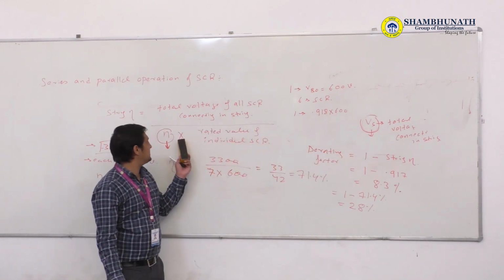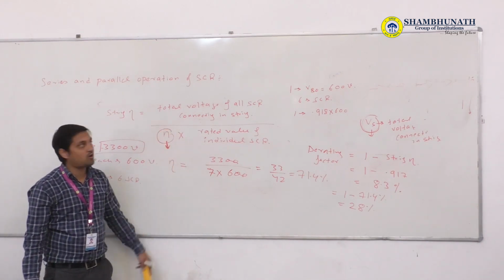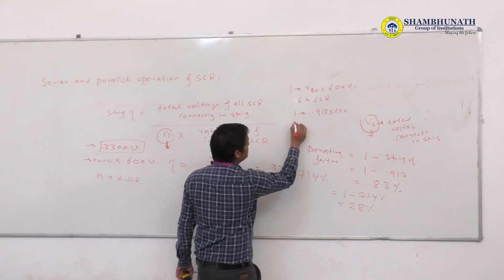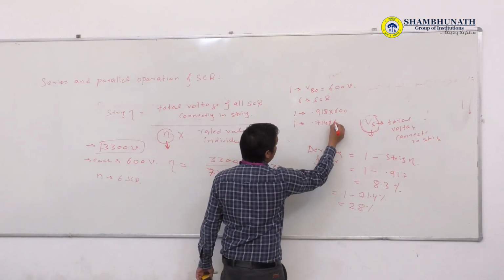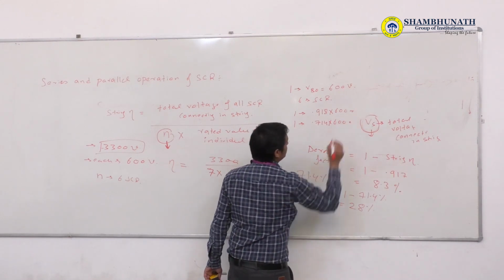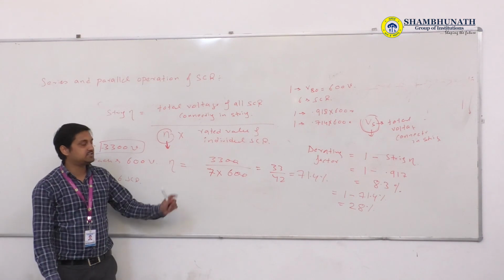Now as soon as we increase the number of SCRs, each SCR has to bear 0.714 times its voltage, which improves the reliability of SCRs.